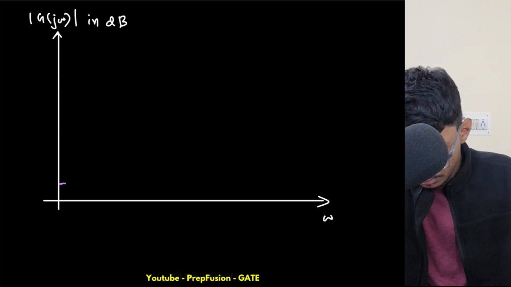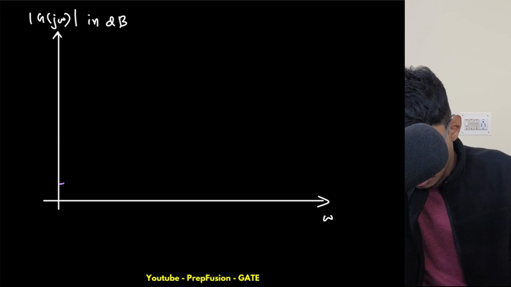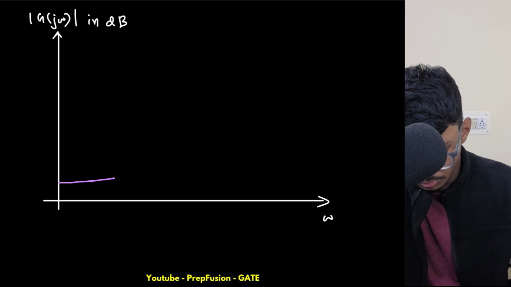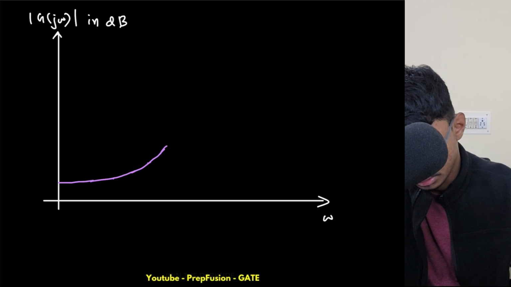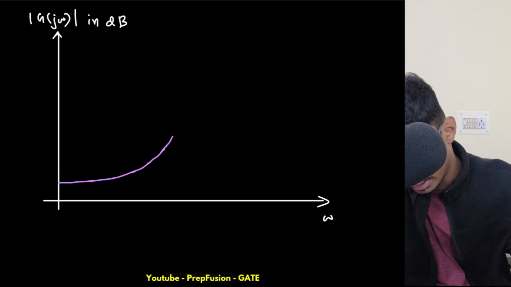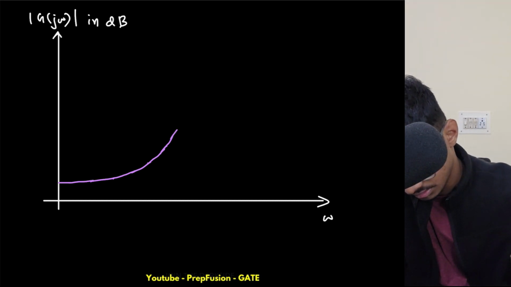We start from here, initially it is very low, then it suddenly increases like a parabola itself. Just remember this is a log scale, that's why it increases like this. This slope won't be that high, it will be something like this.